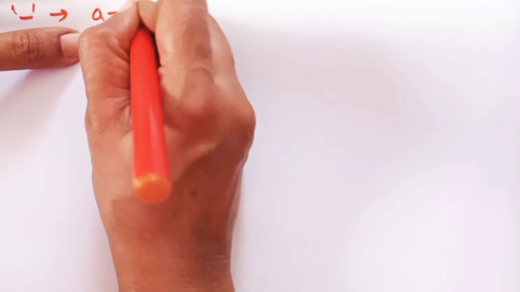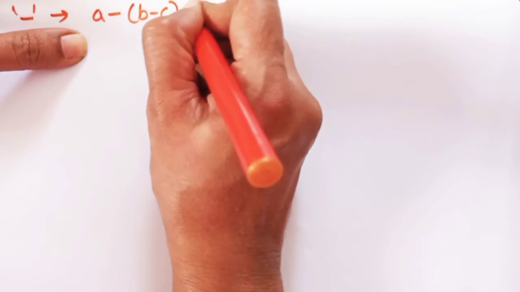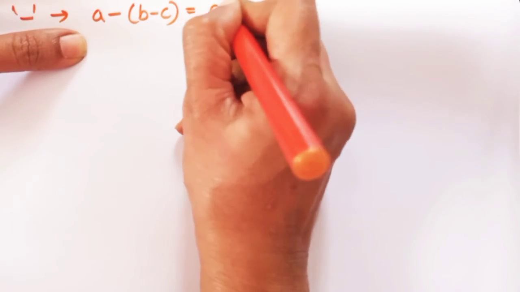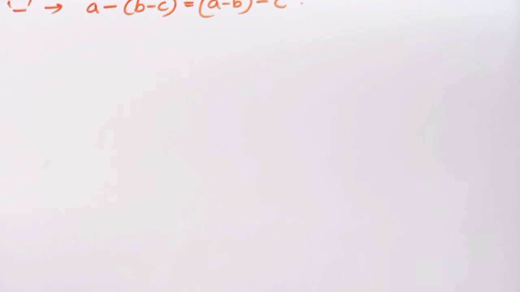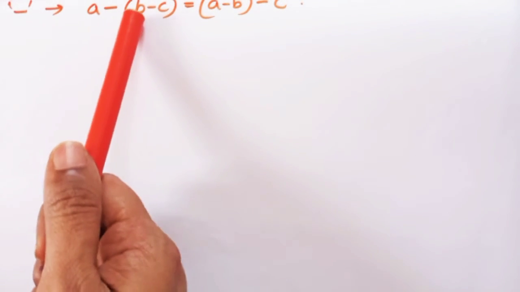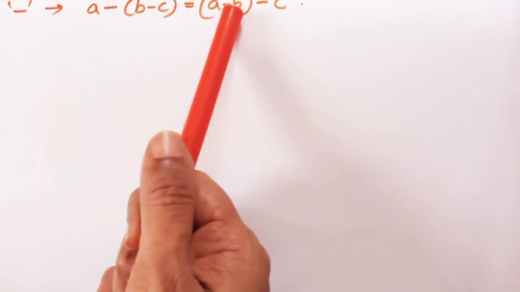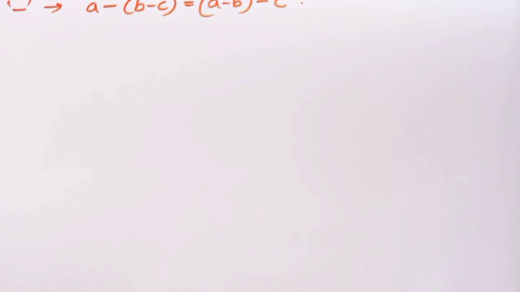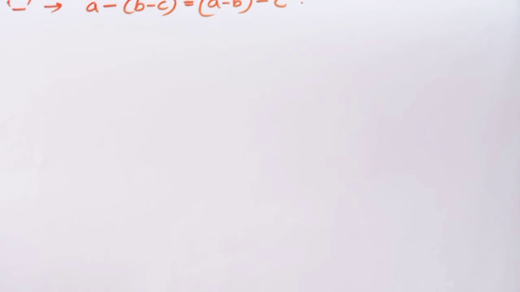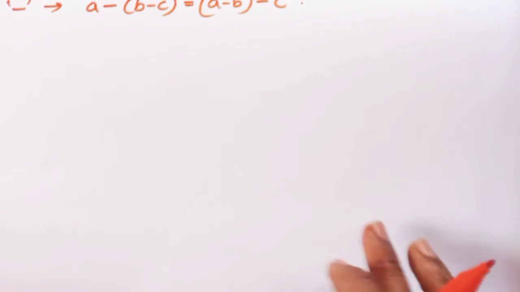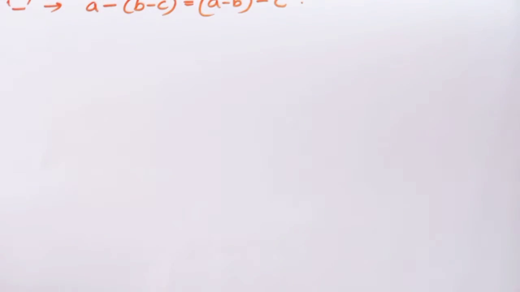A minus B minus C must be equal to A minus B minus C. See this. Firstly we are associating B and C. Here we are associating A and B firstly, afterwards that one we are associating with C. So let us check our associative property under the operator minus, that is, let us check whether subtraction is associative or not.